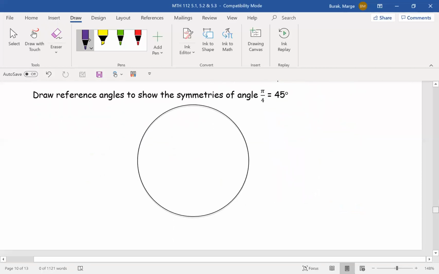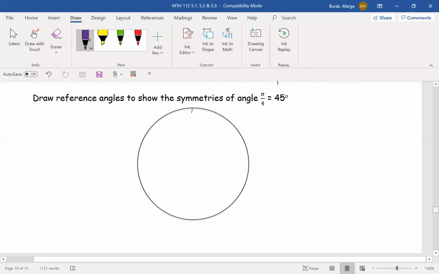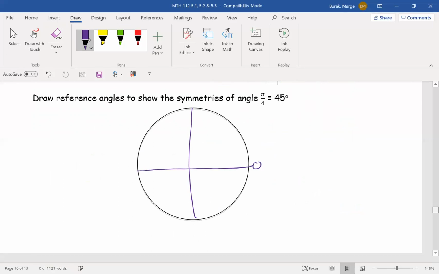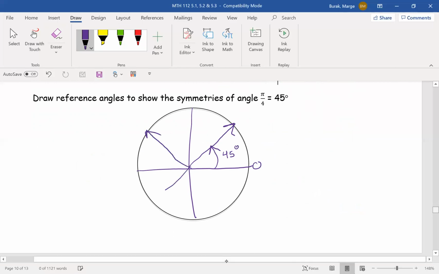We're going to draw the reference angles for our angle of 45 degrees. Again, always get my quadrant angles. Here's my 0. So 45 is going to be straight up here. This is my 45-degree angle. Now, if I go this way, and this way, and this way, the other angles also have a reference angle of 45 degrees.